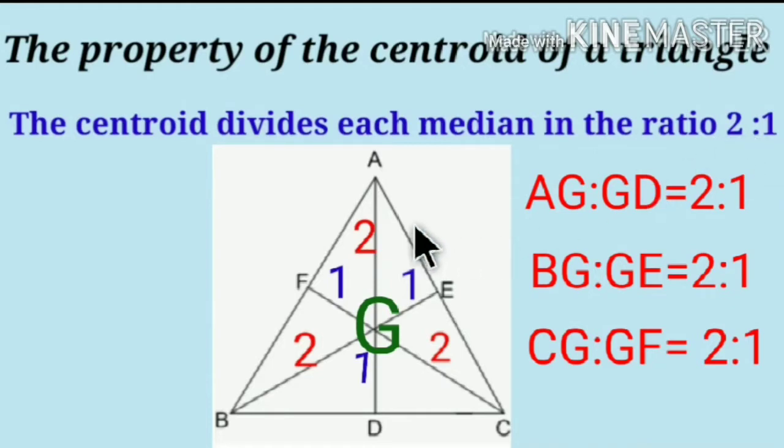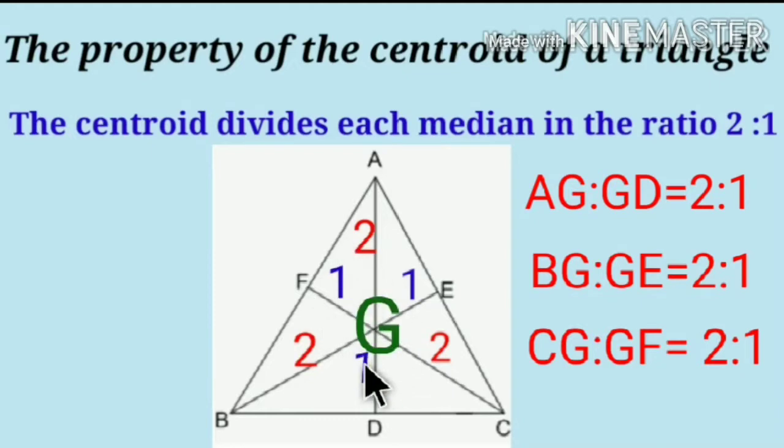Let us see the example. This is triangle ABC and there are the medians, that is first AD, then BE and CF. Hence, this has the centroid point, denoted by G, and this centroid divides each median in the ratio 2:1.